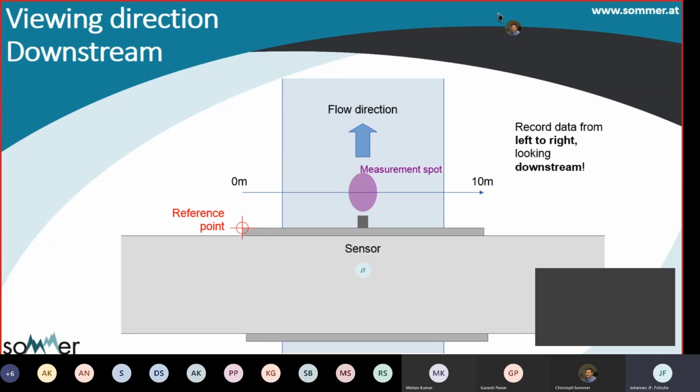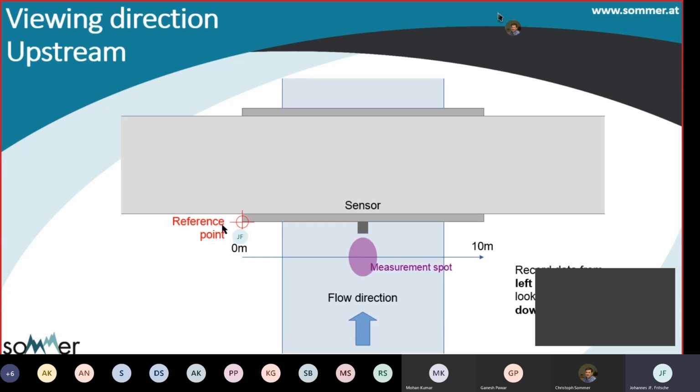So when you go on the bridge, look into the flow direction of the river, and then on the left side is your reference point, and you record your points on the cross-section profile from left to right. This is also true for the other option.